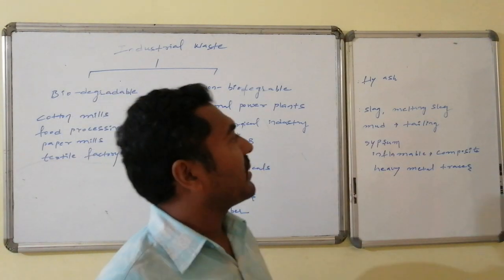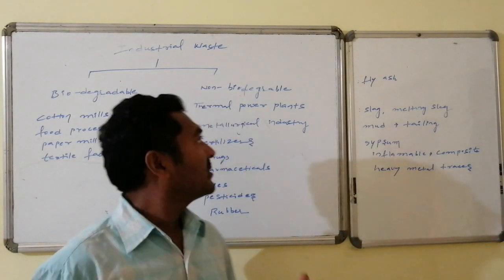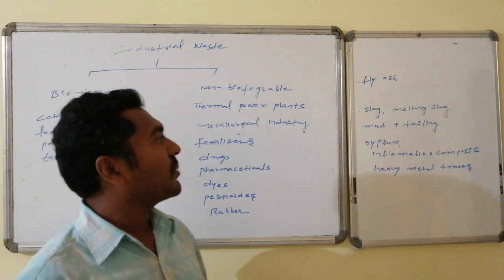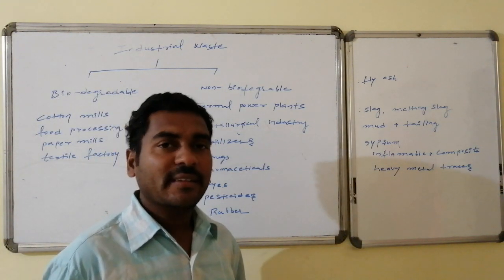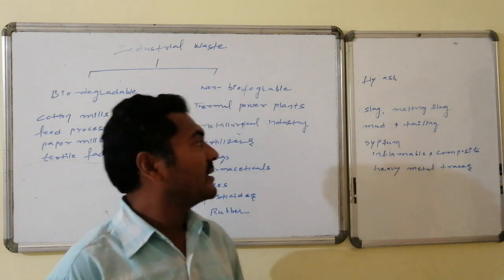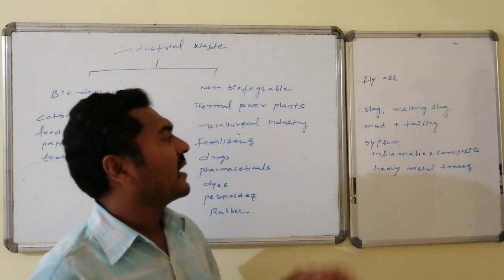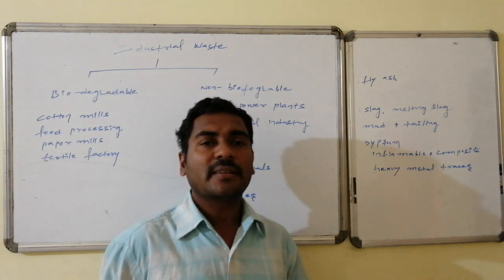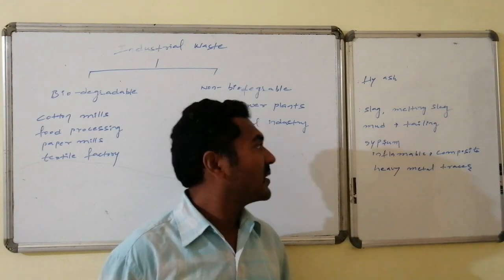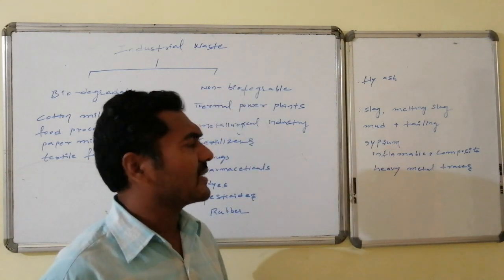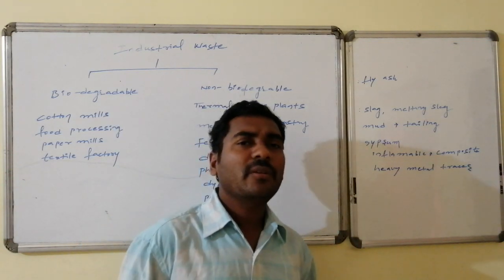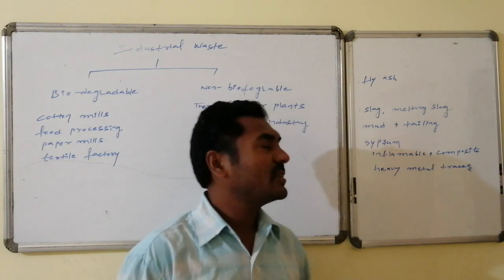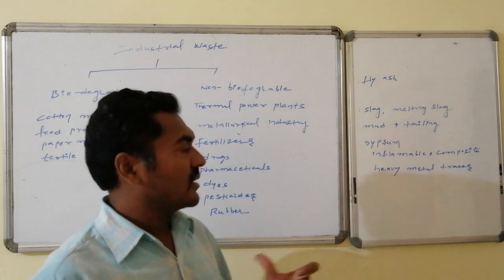The thermal power plants produce fly ash, and the metallurgical operations produce slag, the smelting slag liberated in steel industries and steel manufacture, and in zinc and other metal purification there is mud and tailings consisting of impurities, which are non-biodegradable and present for years together in the soil.